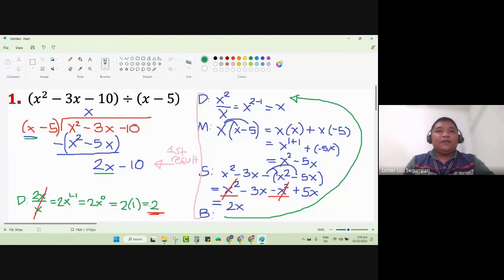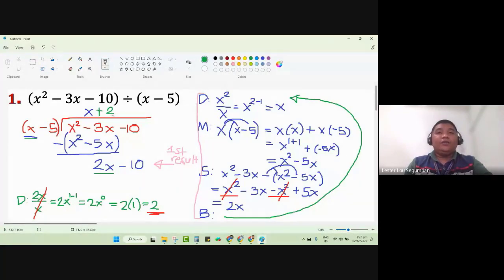So by positive 2, we use here plus 2. If in case this is negative, we are going to place here negative 2. But then again, it's positive. So we are going to place here positive 2. This is now the second quotient.